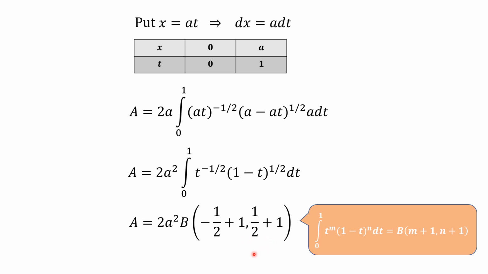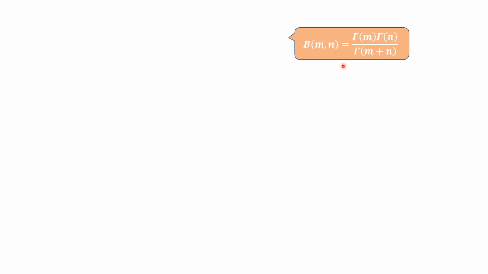Now for its further simplification, we are going to use the relation between the beta and gamma functions. So let us see what that relation is. Beta of (m, n) is equal to gamma of m into gamma of n divided by gamma of (m plus n).